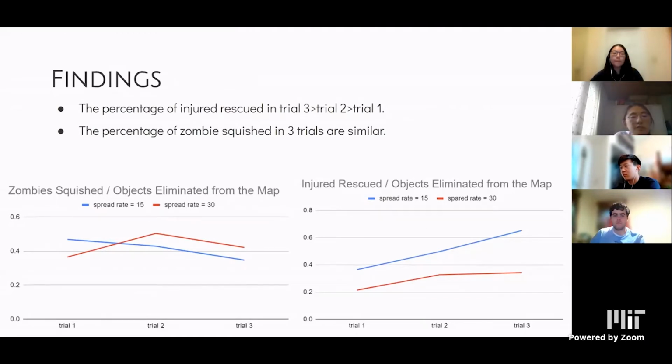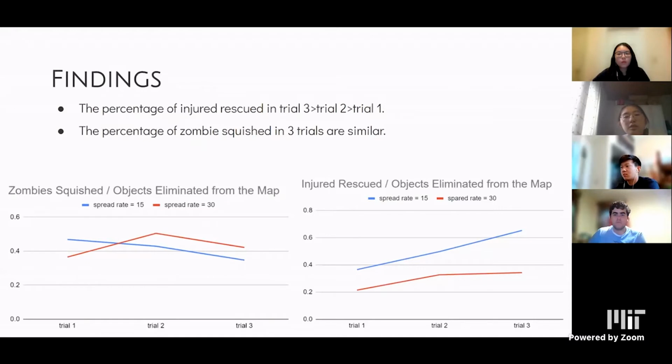Our first finding is that the percentage of injured rescued in trial 3 is greater than trial 2, which is also greater than trial 1, which means people rescue more and more injured when they are playing more rounds.